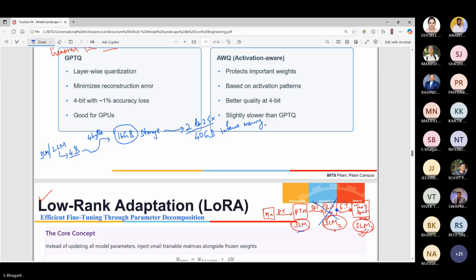Inferencing is just giving an input and getting an output, so you need 40 GB. It's not exactly 40 GB. In the worst case I'm telling, 2 times also sometimes works. It depends on where layer normalization is placed, how many heads there are, so many factors. So consider 40 GB the worst case.